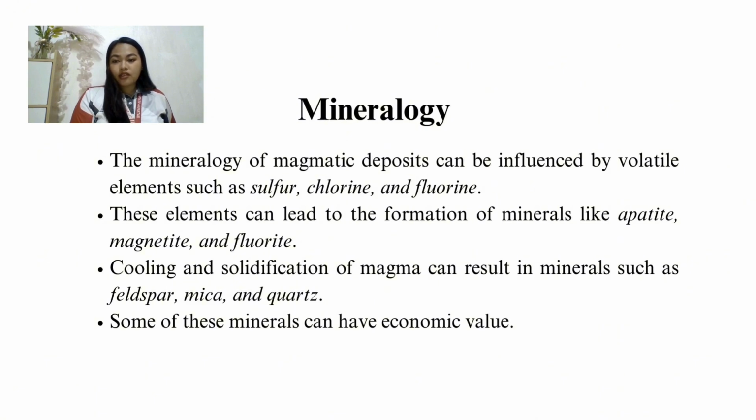During the cooling and solidification of magma, a variety of minerals may form, including feldspar, mica, and quartz, which are characteristic of igneous rock formation. Many of these minerals hold significant economic value, particularly those rich in metals or rare elements. Understanding the mineral composition of magmatic deposits is essential for mineral exploration and economic geology.